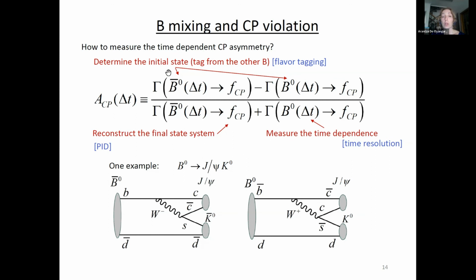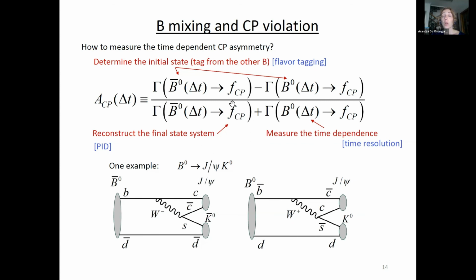We have to measure and determine very well the flavor of our initial state in all the cases, to know how many B0s and how many anti-B0s we have at the beginning.